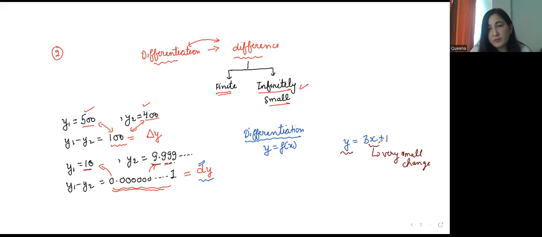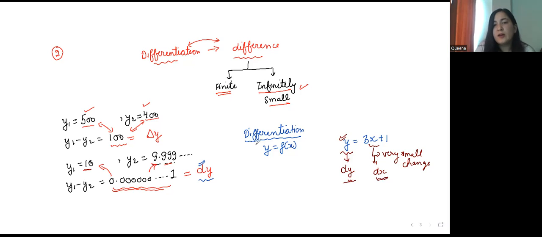No. If x is changing by a very small amount, then y must also change by a very small amount. So if the change in x is represented by dx, then the change in y must also be represented by dy. So this is representing a very small change in the value of x, and this is representing a very small change in the value of y.